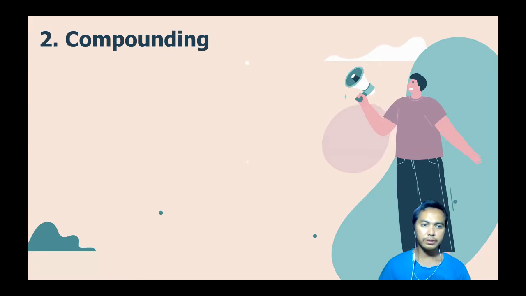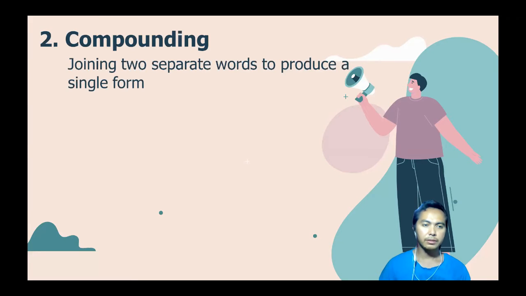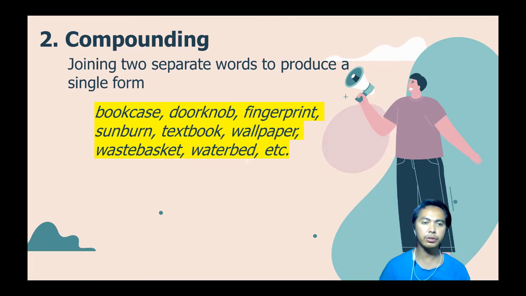The next one is compounding. Compounding is joining two separate words to produce a single form. By compounding, you combine two words into one single form, like bouquets, doorknob, fingerprints, wallpaper, wastebasket, waterbed, and so on in English. Or you have in Indonesian, like kacamata.